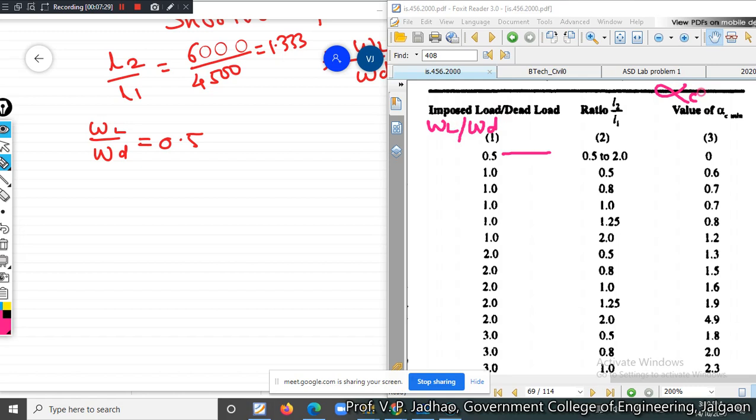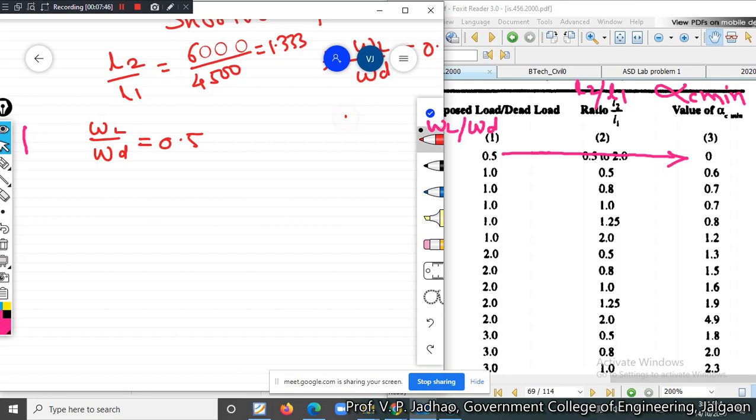This is your alpha C minimum in this particular table. This is L2 upon L1, if not visible. So for 0.5 we have this alpha C minimum as 0.